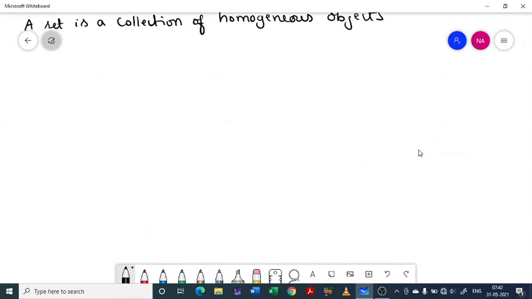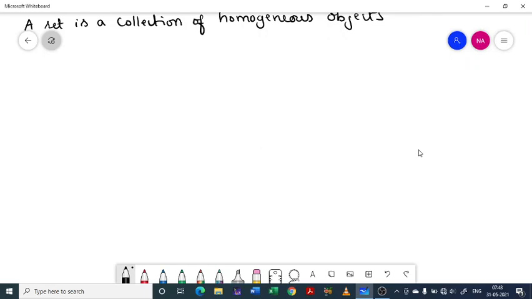The collection of all objects which have the same relation or some quality that is satisfied by all the objects in that set will be a set. Otherwise it will be just a collection. A collection may be anything; it is not necessary to have any relationship between the entries. If there is a particular relation that is common to all objects in that collection, then it will be a set. So this is about the definition of a set.